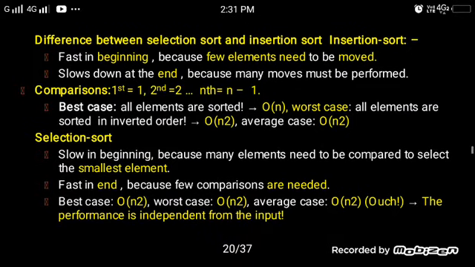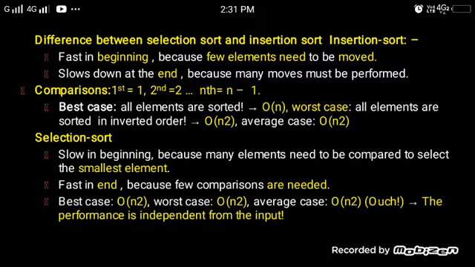Difference between selection sort and insertion sort. In insertion sort, in the beginning few elements need to be moved, and it slows down at the end because many moves must be performed. In this, the comparisons are 1, 2, up to n minus 1.